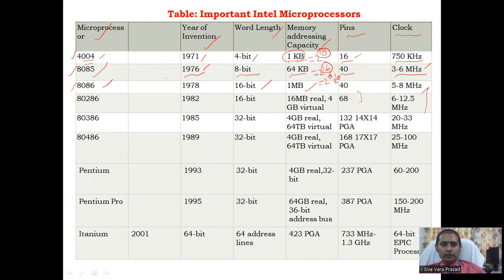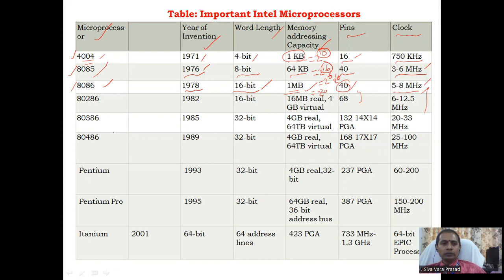Like that, 8086 was invented in the year 1978, and it's a 16-bit microprocessor, and it contains 40 pins. Here the external memory handling capacity is up to 1 megabyte, nothing but 2 power 20, meaning 20 address lines are present here. It also has 40 pins, but some of them are multiplexed pins, meaning some sets of pins perform different operations, not a single operation but more than one. The frequency improved from 5 megahertz to 8 megahertz.